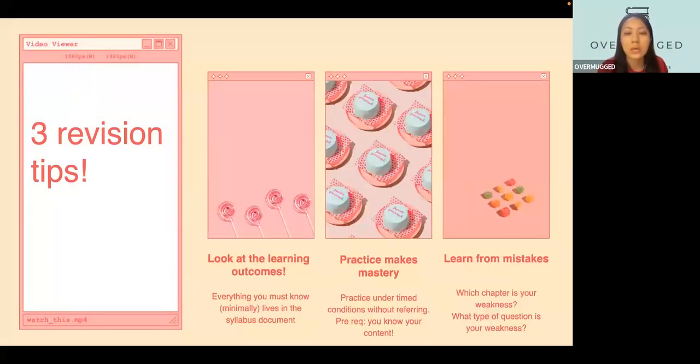You must know that you know the answer, you know the content. So with practice, do a lot of practice papers. Right now, with my tuition kids, every week we spend one full paper practicing under time conditions without referring, right?